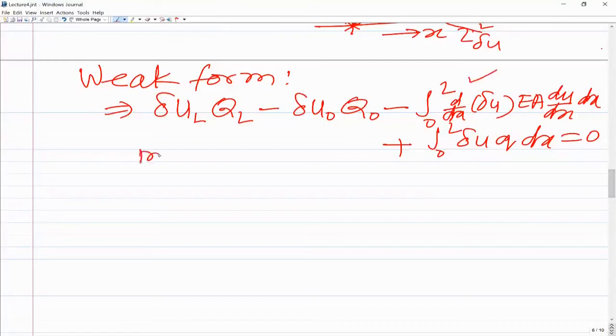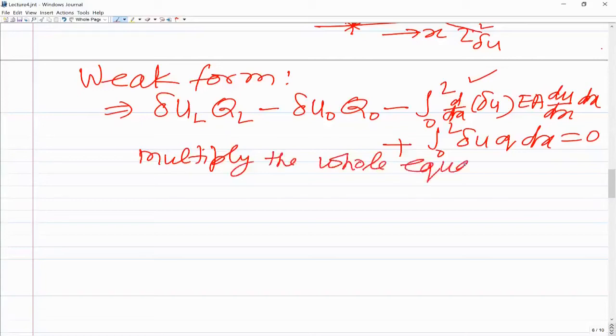So multiply the whole equation by -1, so that the third term is positive.